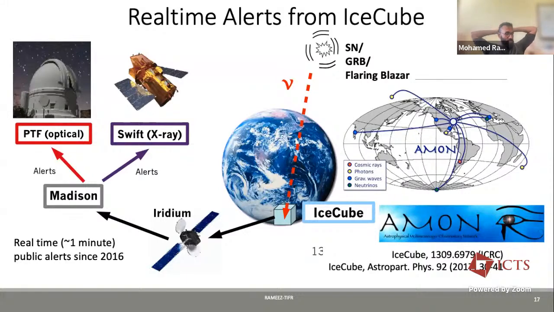To reconstruct the direction of one of these track-like astrophysical neutrino events would have taken 4 hours at least. But then we introduced online pipelines using splines, etc., to allow us to make a coarser estimate of the direction.